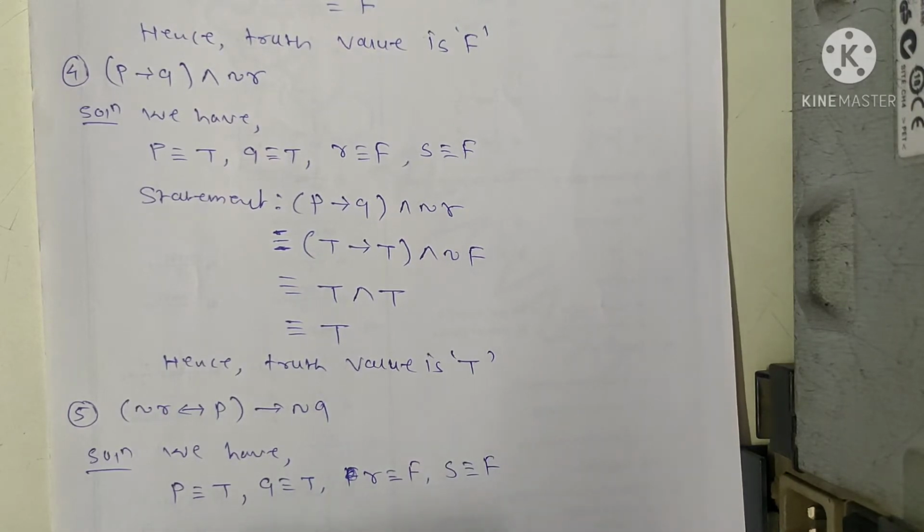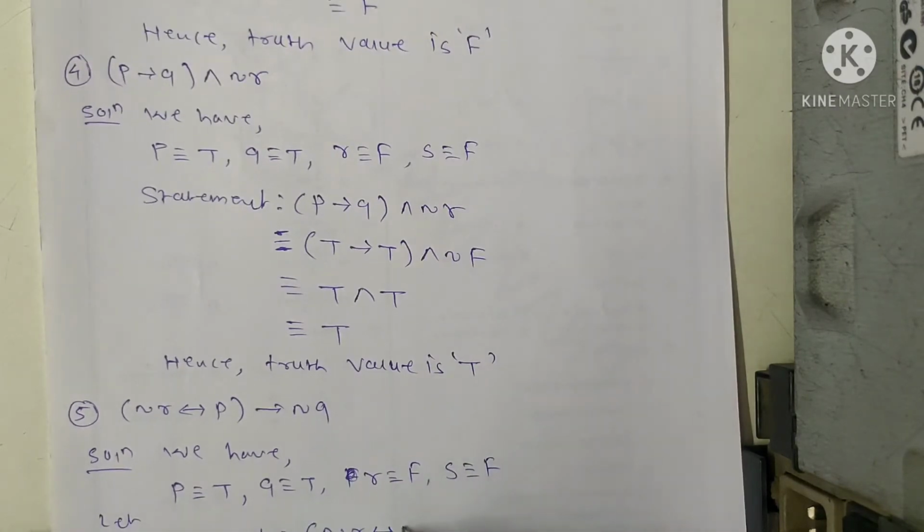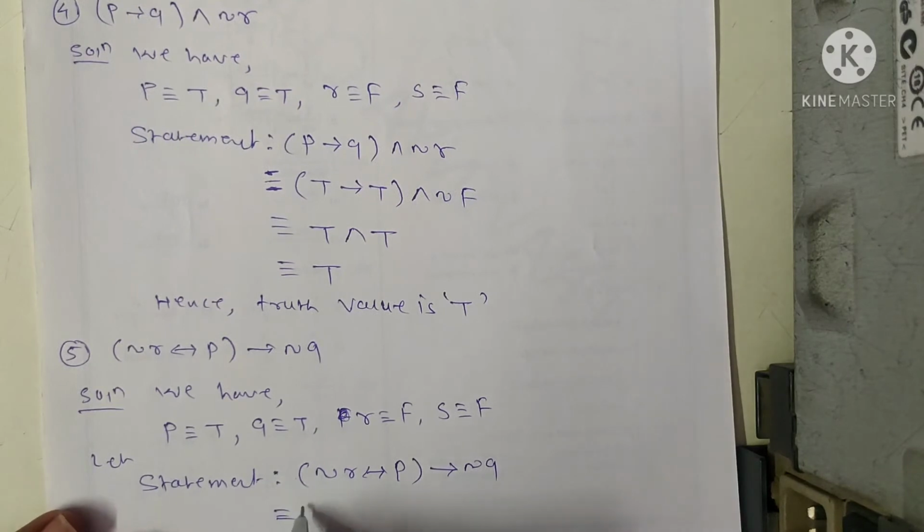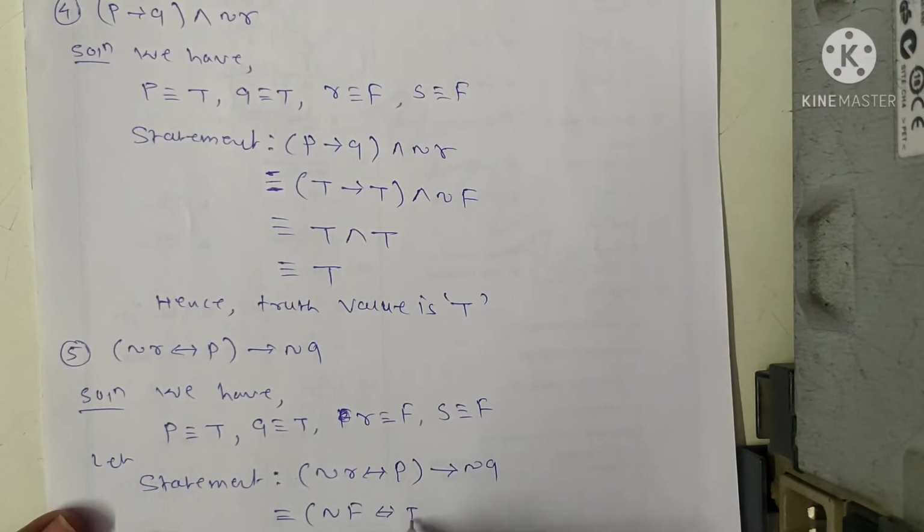Statement is negation R if and only P, then negation Q. Logical equivalence. Negation R is F, if and only T, P is T here.